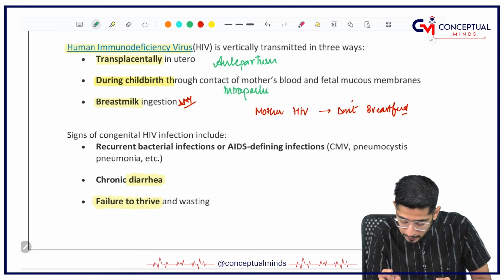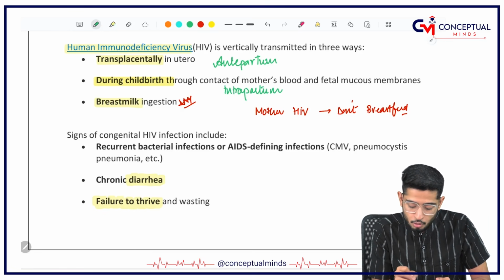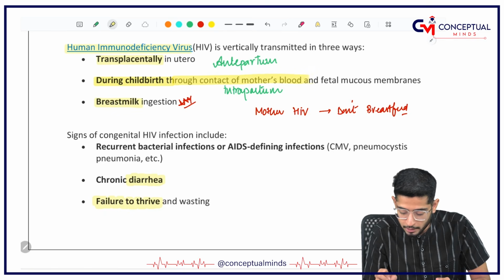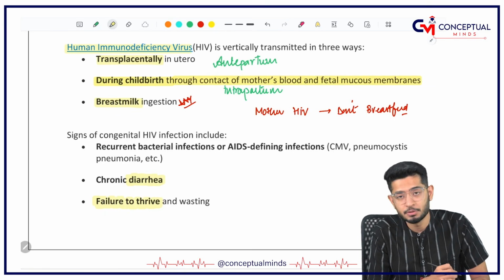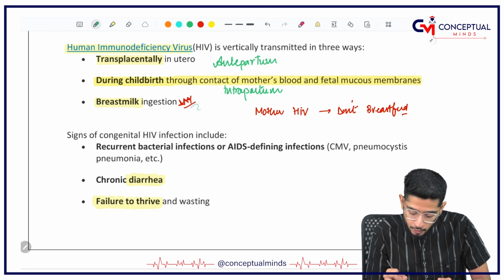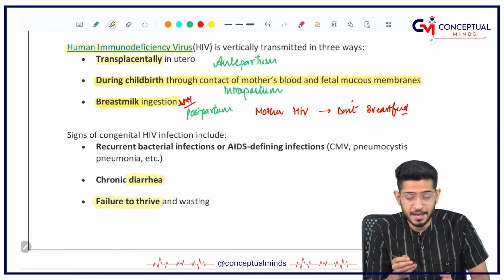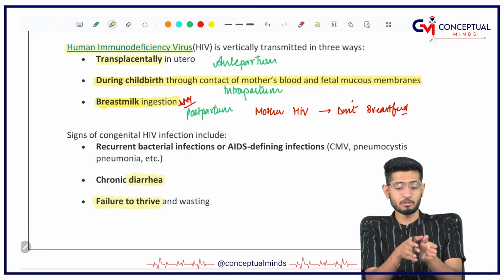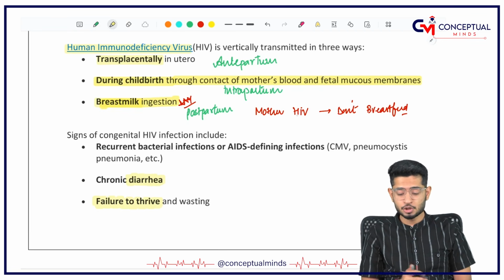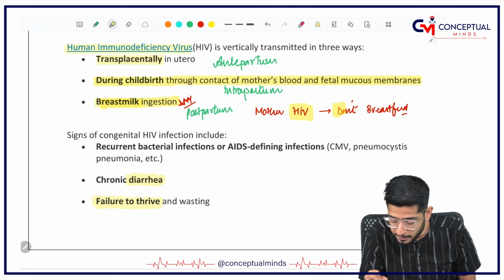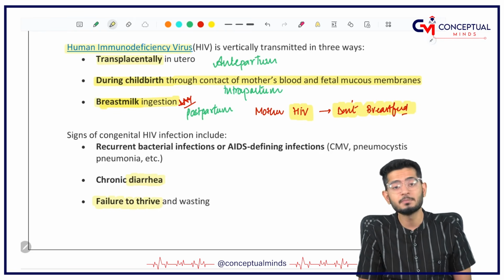That means during delivery, it can go through the contact of mother's blood and fetal mucous membrane. Then you have postpartum, breast milk ingestion. Okay, so this is the HIV. Antepartum, intrapartum, postpartum. So if the mother is having HIV, please don't breastfeed the baby.